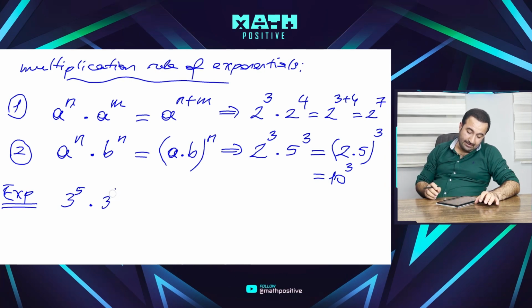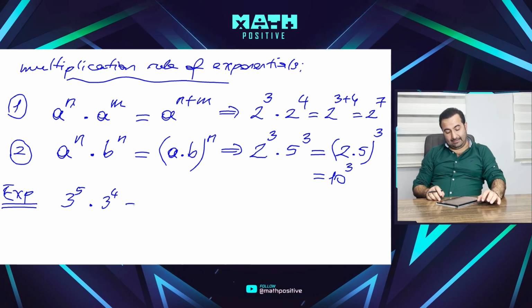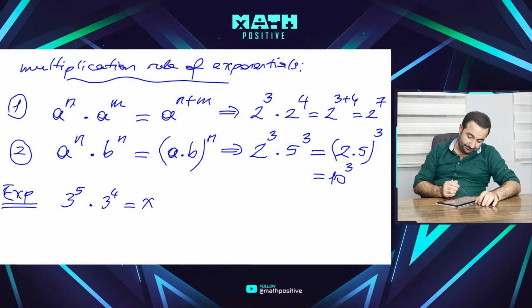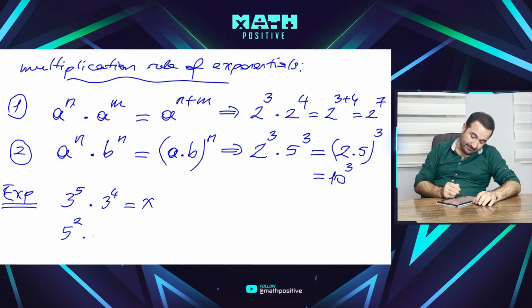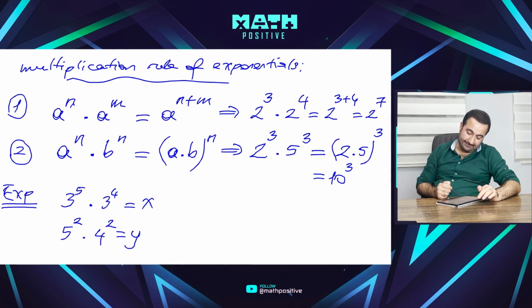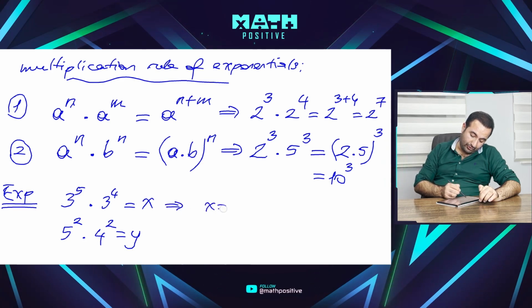Let's give some example to this, where 3 to the power 5 times 3 to the power 4 equals x, and 5 to the power 2 times 4 to the power 2 equals y.